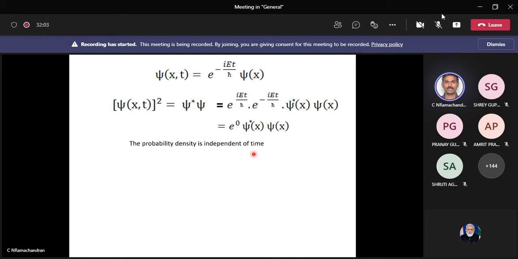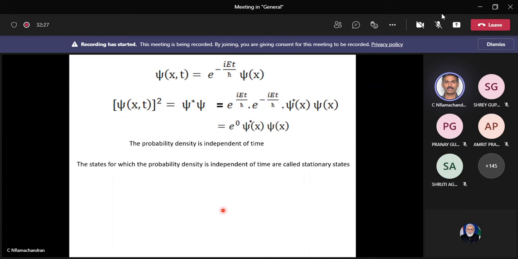These are some special kinds of states. They are called stationary states. That means the states for which the probability density is independent of time are called stationary states. For some students, this may look very abstract, like we keep saying abstract things from the first day.